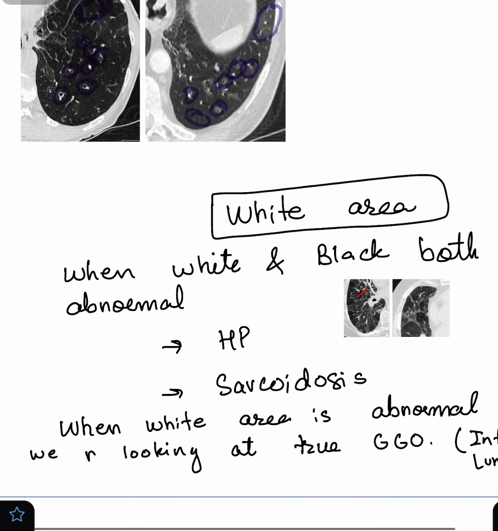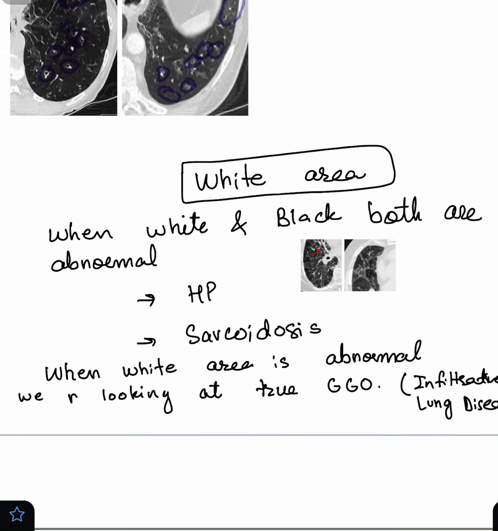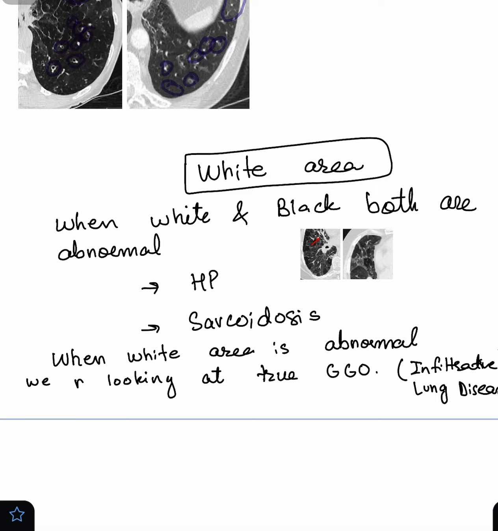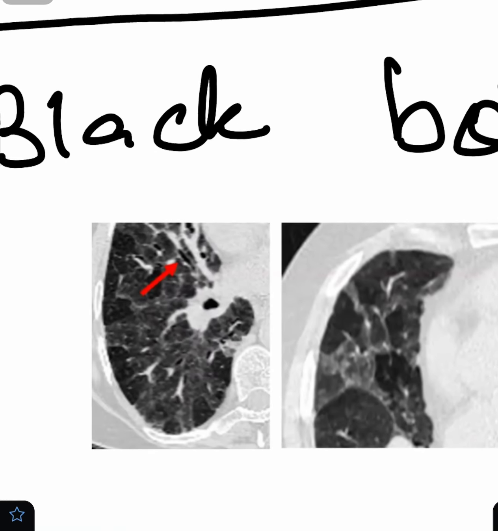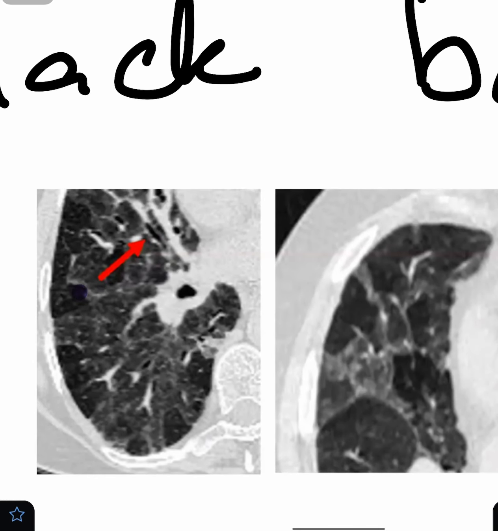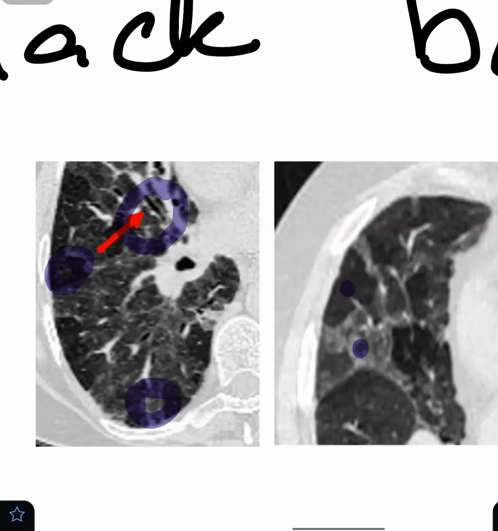Let's check out the white area. When white and black both are abnormal, for example, look at this case. This is the black area and this is the white area. You cannot appreciate vessels in both of the areas, and as you can see, some traction bronchiectasis as well. This is the black area, this is the white area, and in both you cannot appreciate vessels.